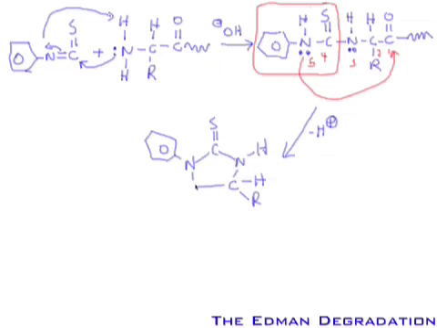And this is the carbon that was attacked or cyclized, and it has an O minus. And this C is attached to the rest of the peptide.